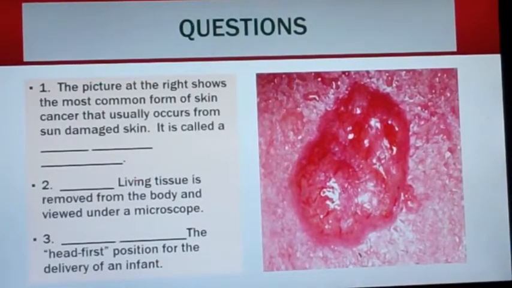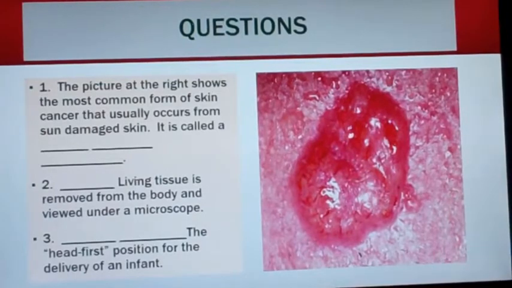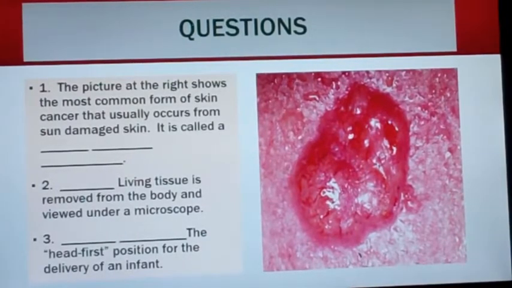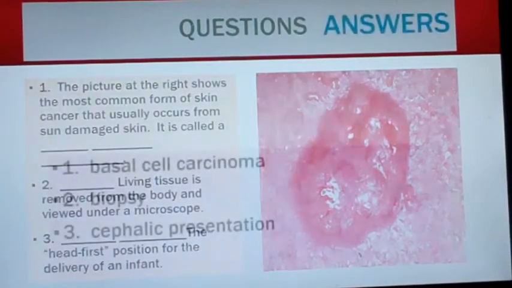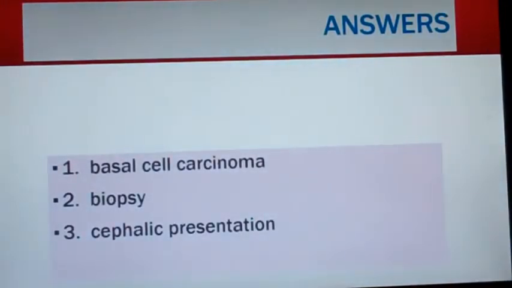Number 3. Blank, blank, the head first position for the delivery of an infant. Answers. Number 1 is basal cell carcinoma. Number 2 is biopsy. Number 3 is cephalic presentation.